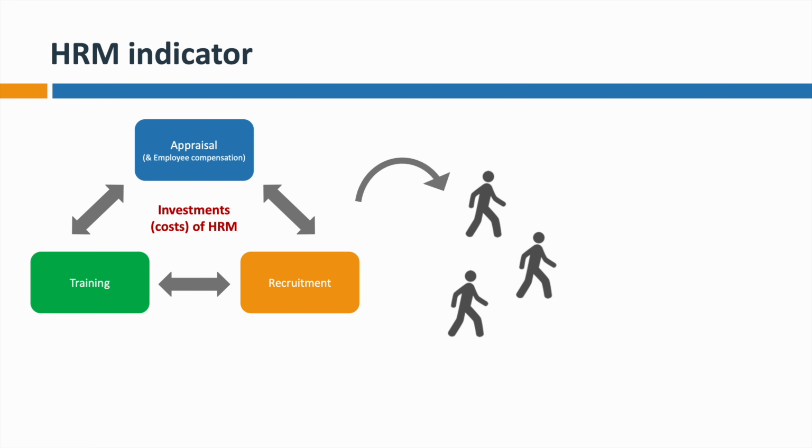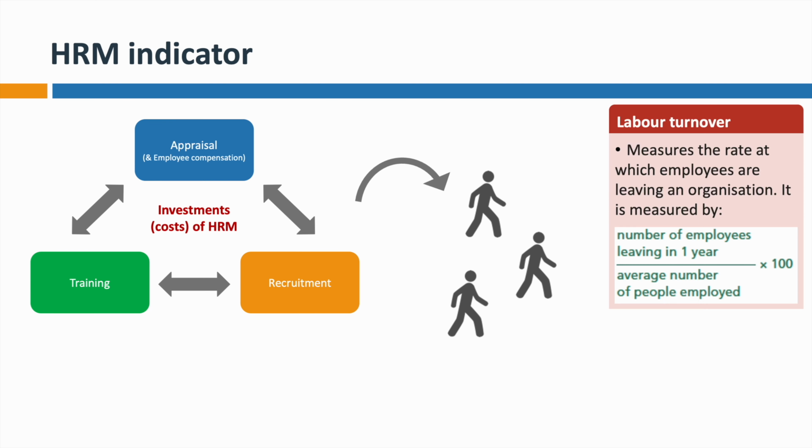So if you spend time and money on recruiting the best, the most skilled workers, then a lot of time on training them and compensating them and working with their talent, then obviously you're not going to want them to leave your business. And for that purpose, one of the HRM indicators is labor turnover.